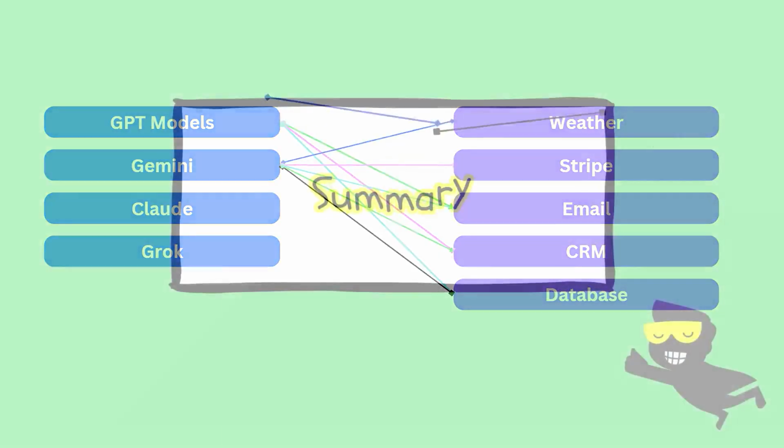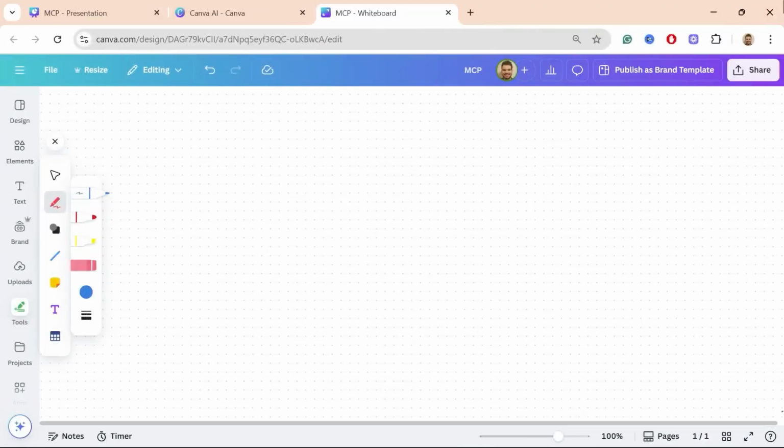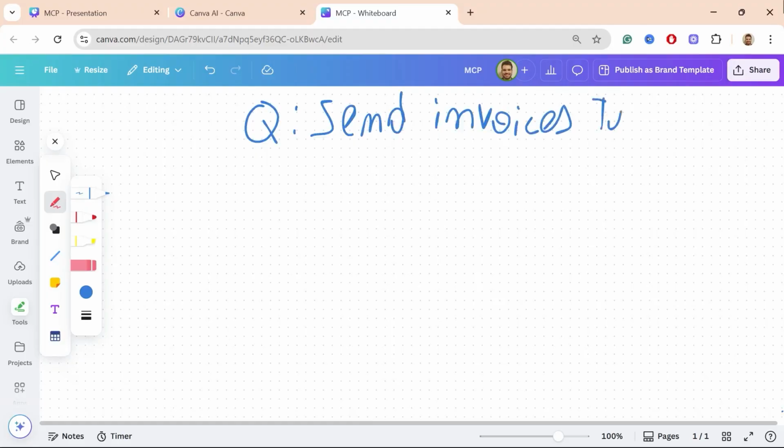Now, there's one practical example here that I want to share with you. Let me go to the whiteboard. Okay, let's say that we are taking care of dealing with our customers, right? We want our assistant to send invoices to customers.